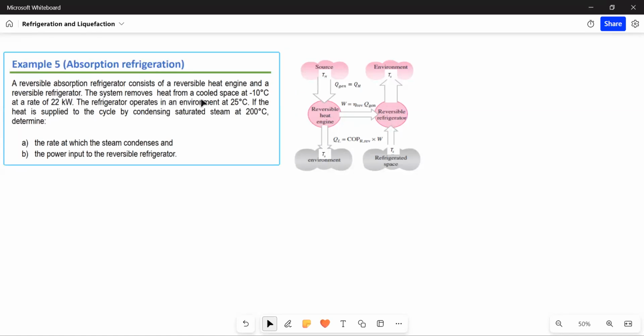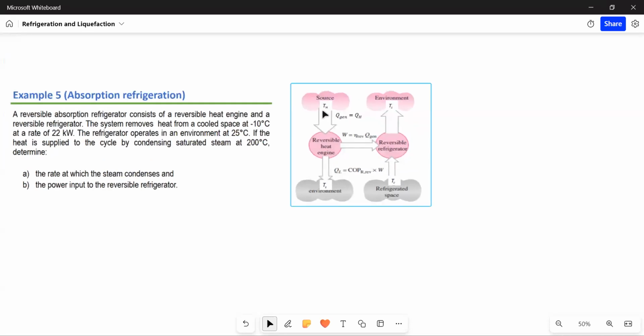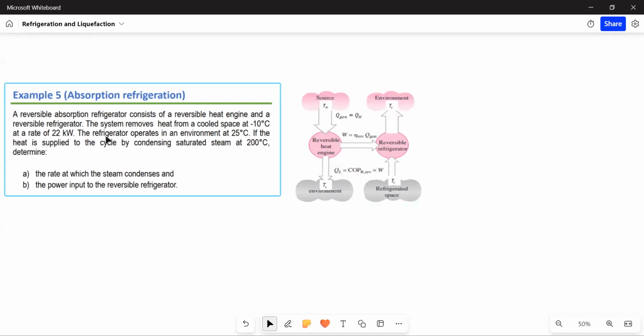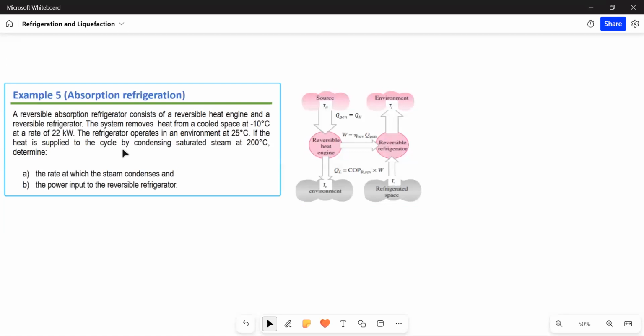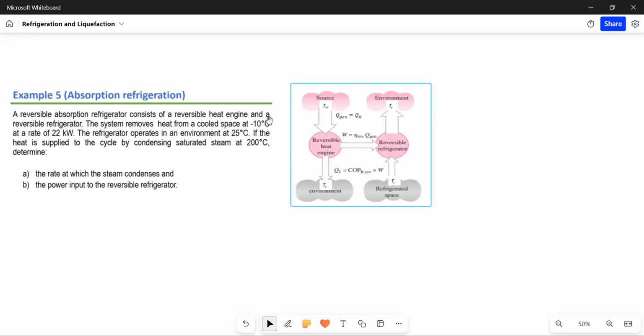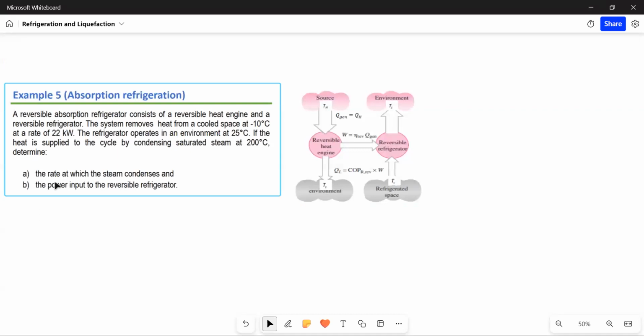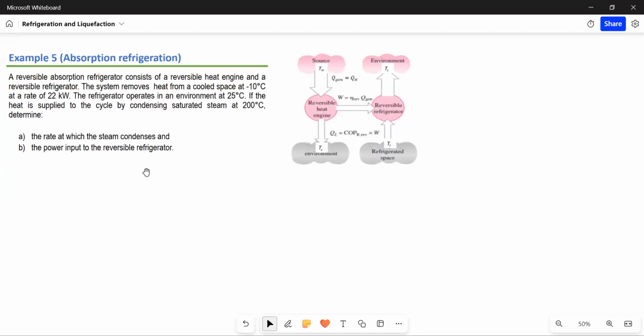The system removes heat from a cold space at negative 10 degrees, at a rate of 22 kilowatts. The refrigerator operates in an environment at 25 degrees Celsius, so that's TS. If the heat is supplied to the cycle by condensing saturated steam at 200 degrees, determine the rate at which the steam condenses and the power input to the reversible refrigerator.